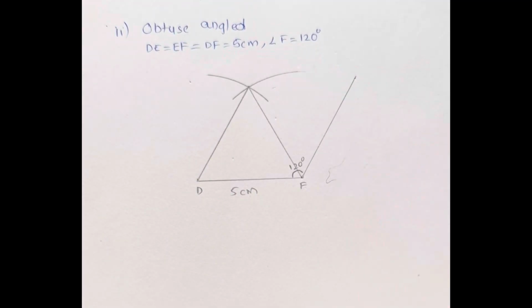So again the same logic, like obtuse angle triangle is not possible, as all the angles of a triangle can never be 120 degree, right?